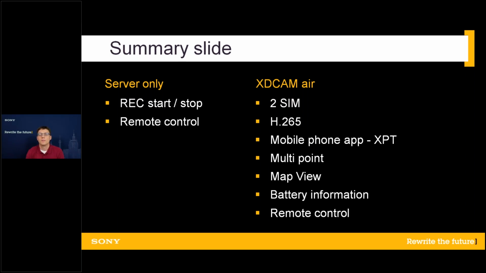Okay, so yes, for live streaming to social media, we do have a possibility to stream directly from the XD camera. We can also support some basic publishing functions like adding watermarks. However, it is a basic tool.